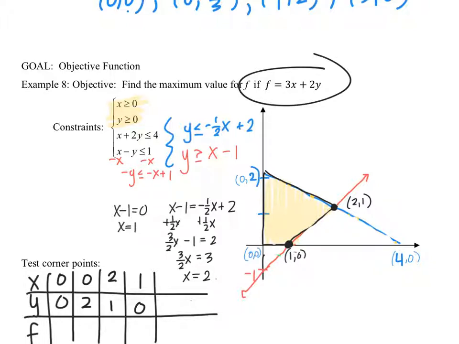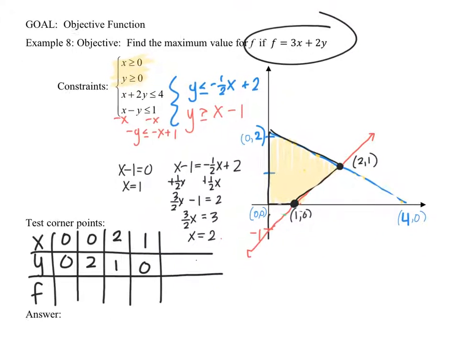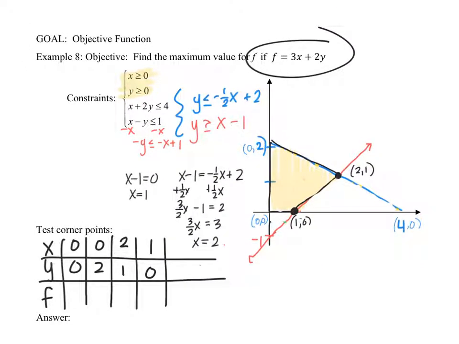So if I plug in 0, 0, I get f to be 0. If I take 0 and 2, I'm going to get 4. If I take 2 and 1, I'm going to get 8. And if I take 1 and 0, I'm going to get 3.